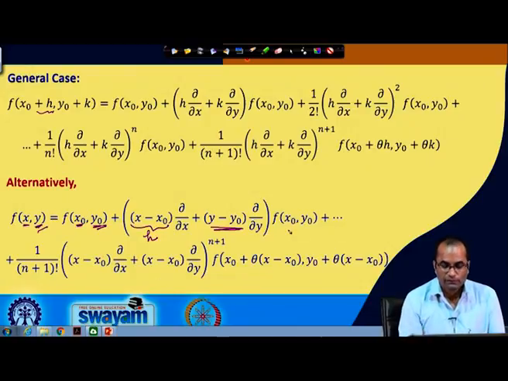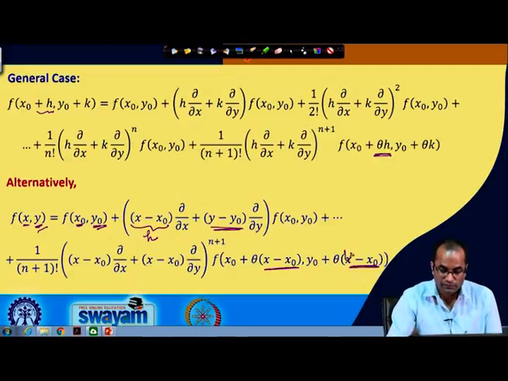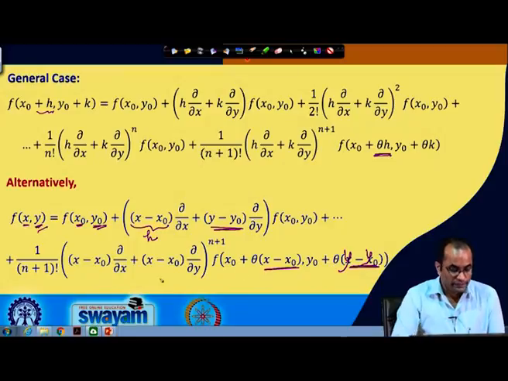The rest everything will be the same; only here it was theta h, so now theta times (x minus x0), and y0 plus theta times (y minus y0). The rest will remain the same.